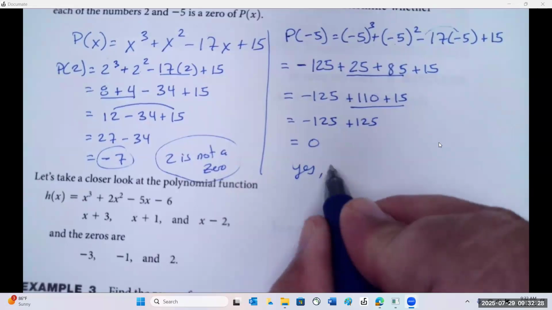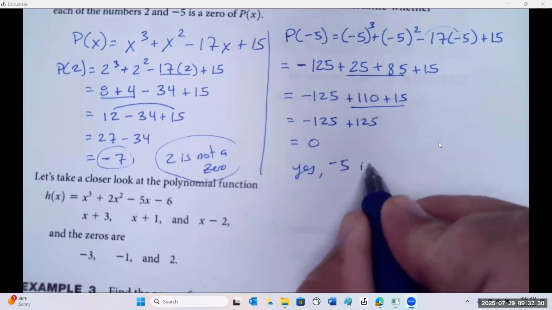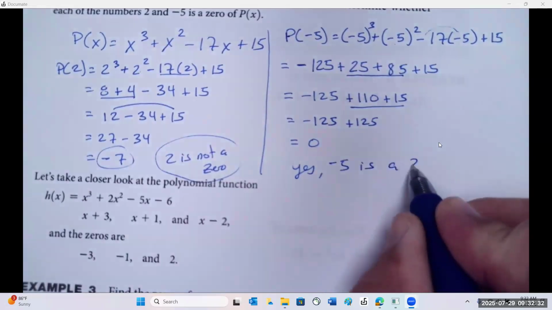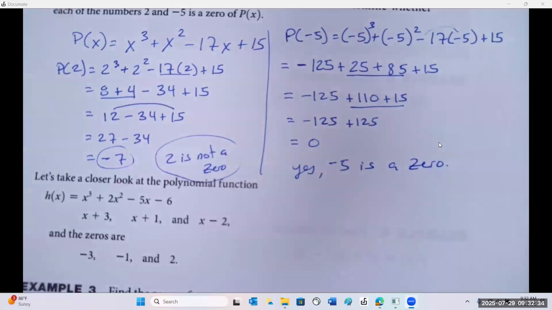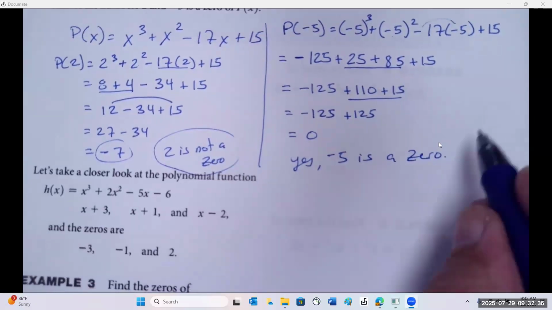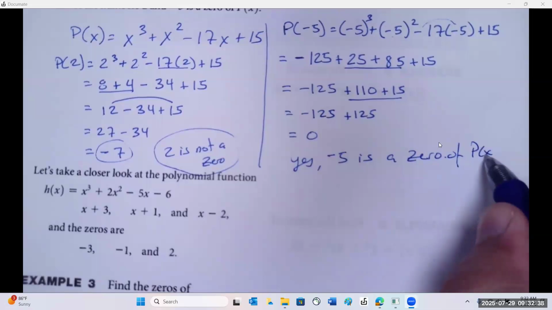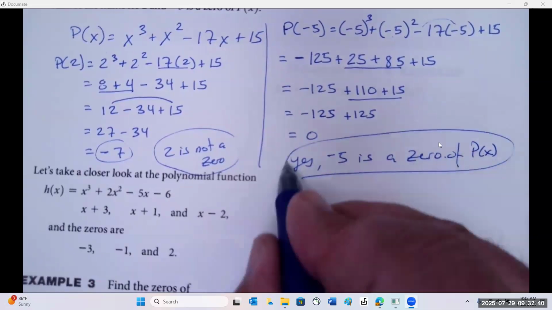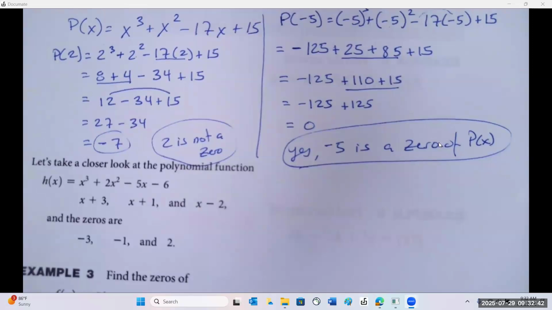So yes, -5 is a zero of our polynomial. That's how you test if it's a zero or not.